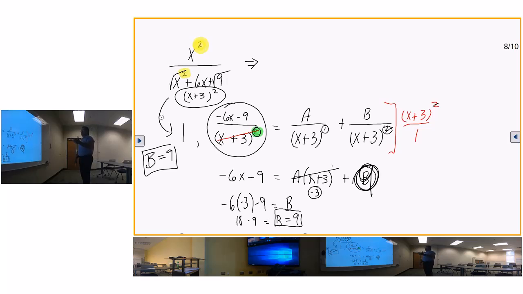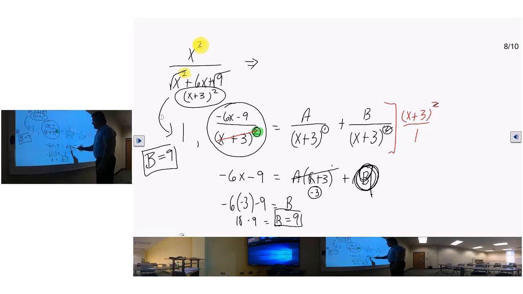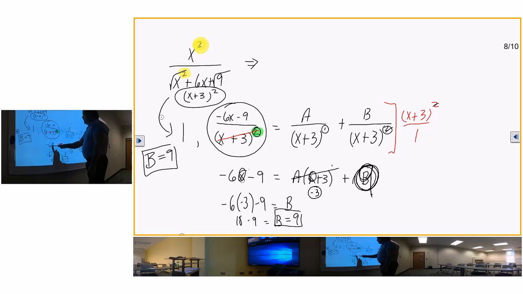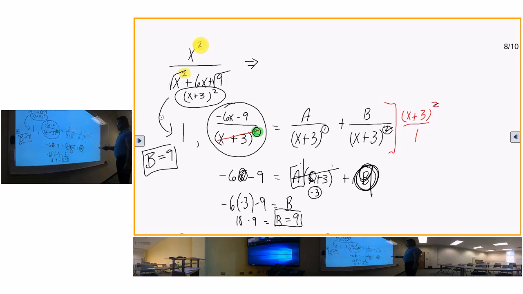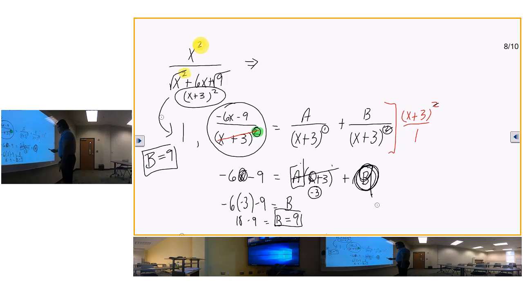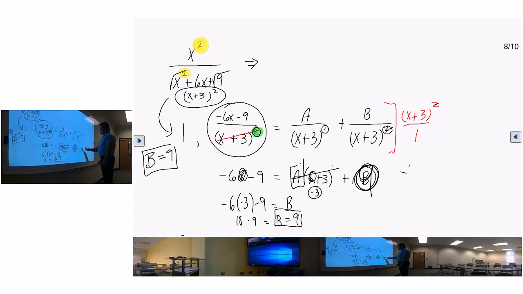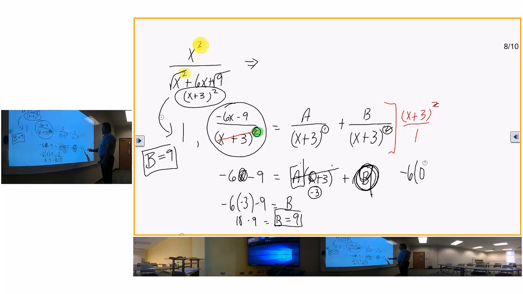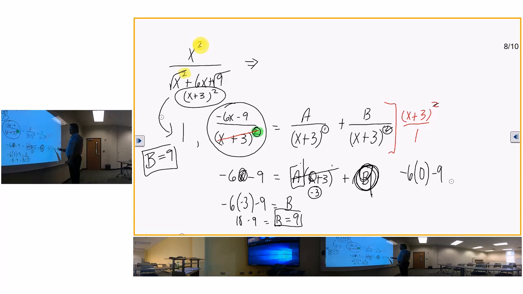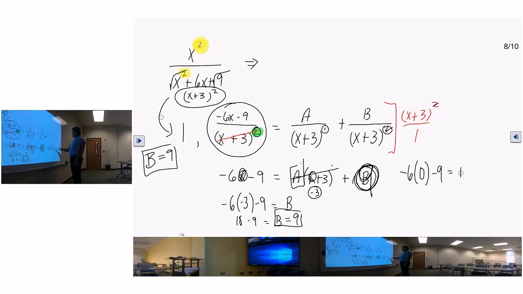We plug in 0 for x, or 1, either one. We'll plug in 0. How many variables do we have? We have one equation, one unknown. So if I plug in 9 right here, which we found the answer, I'm just going to do it over here. So that's going to be negative 6 times 0 minus 9 is equal to a times 0 plus 3 plus 9.